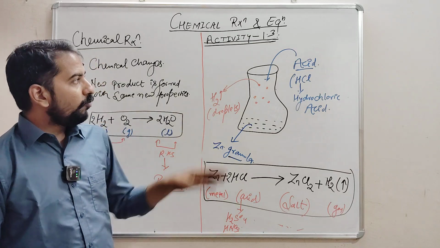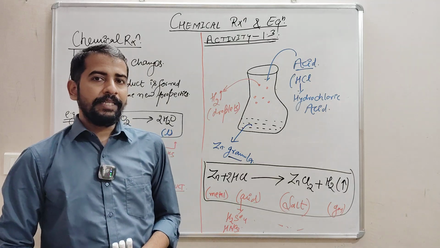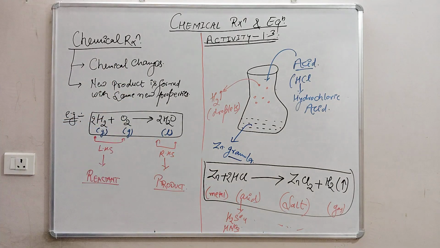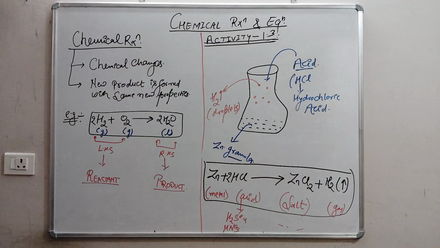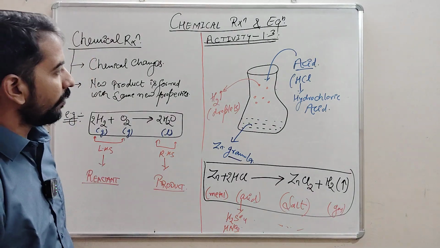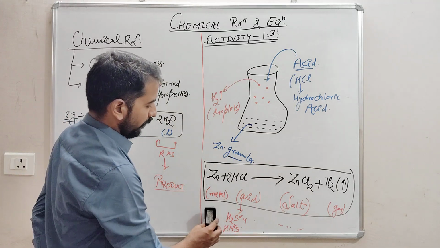Okay, so you can note down this one, then we will solve 2-3 questions and then we will wind up. So please note down this one. Okay, so I am going to remove this one.